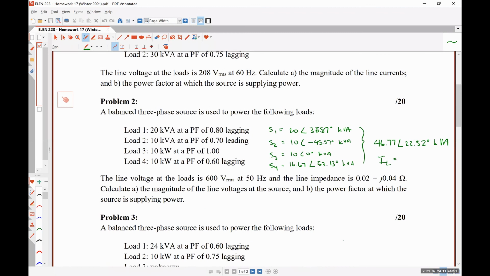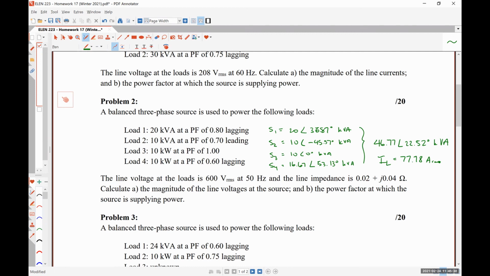All right, so 46.77 kVA divided by 600 volts is going to give us what? 77.78. We only care about the magnitude here.